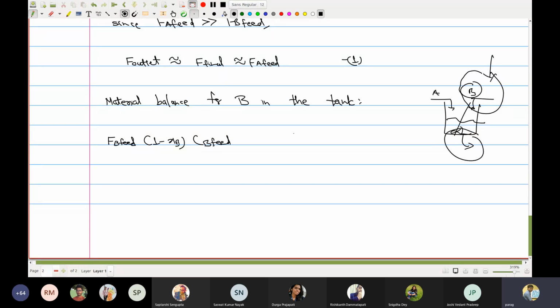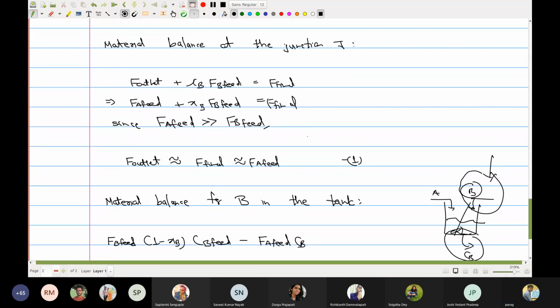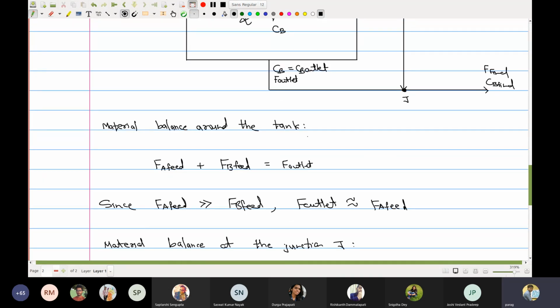Now what is going out, minus what is going out, is F outlet, but F outlet is equal to FA feed times the concentration of B here, CB. Do we have any other notation for CB here? No, just CB.